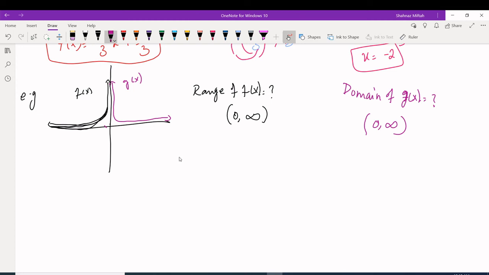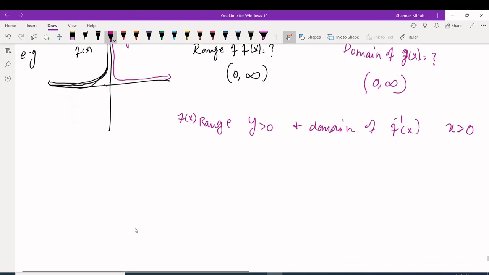Okay, so we can write this. We can say f of x range: y greater than 0, and domain of the inverse is x greater than 0. So this is the x domain, and that is the y range for the f of x function.